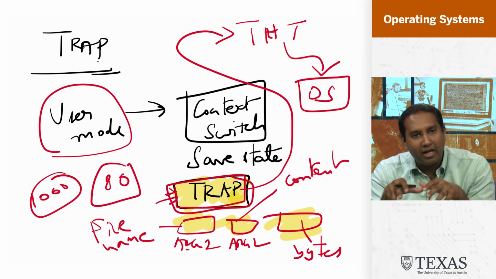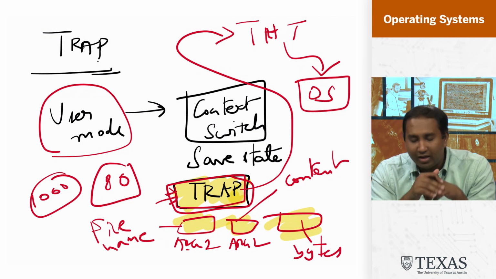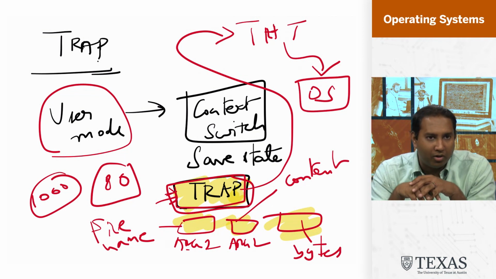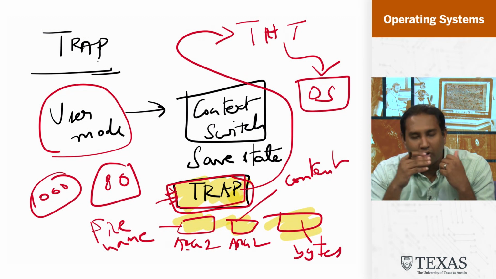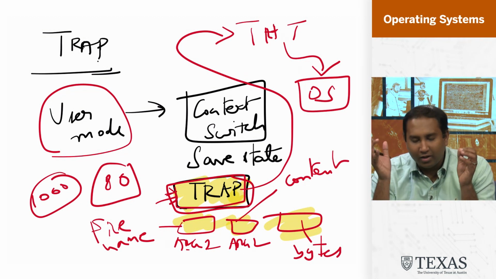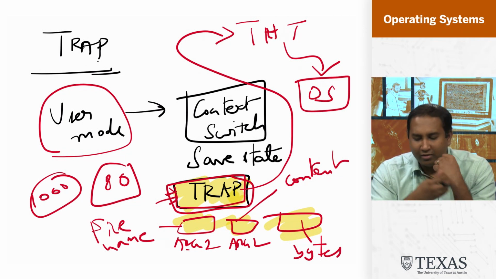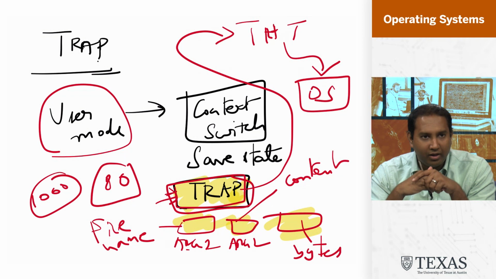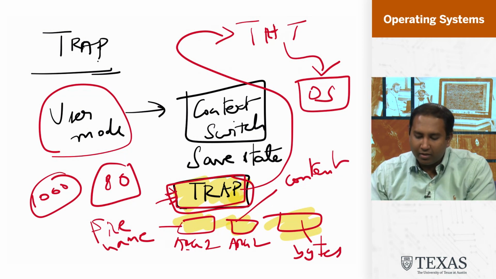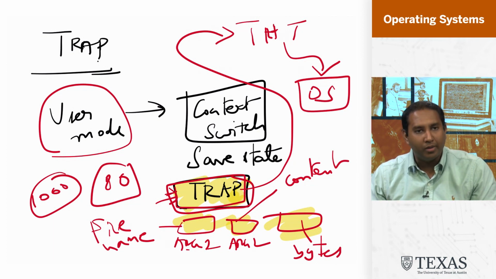The operating system will take a look at your arguments, and if the arguments are not well formed, or you're trying to do something weird, it will reject your system call. So for example, you're trying to write to a file that doesn't exist. Instead of doing weird stuff, the operating system would look at your arguments and say, oh, this file doesn't even exist, and it would just return from the trap. So this is really the mechanism by which user mode can ask the kernel mode to do something for it.